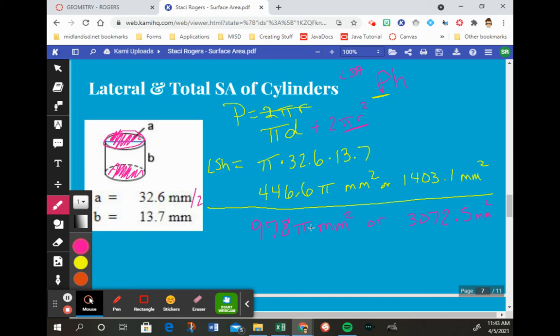Okay, sometimes it'll ask you for pi, sometimes it won't. Okay, and that's where we're going to stop today.